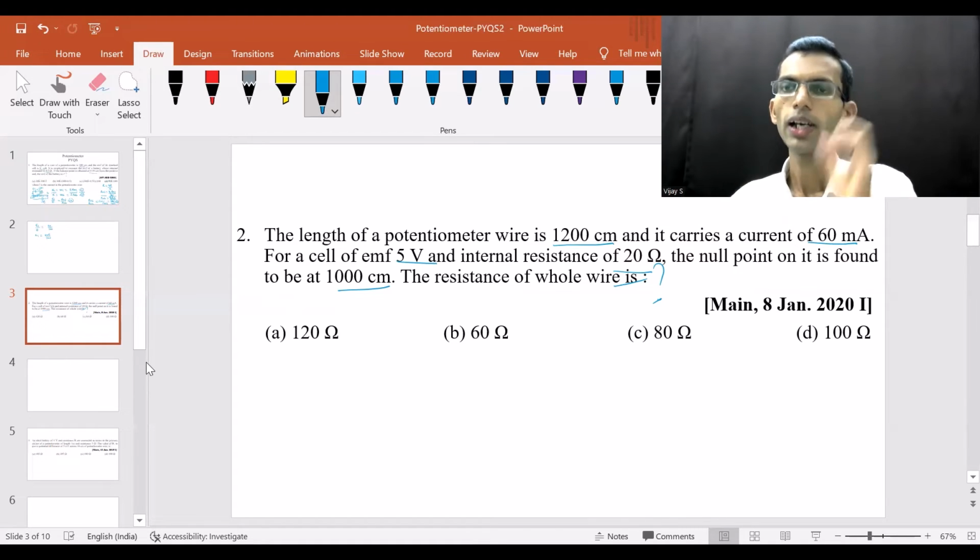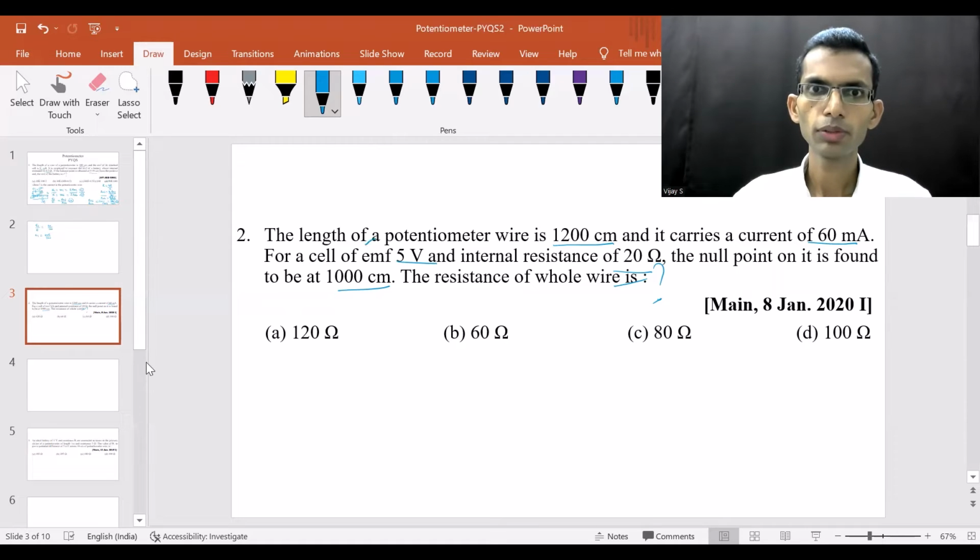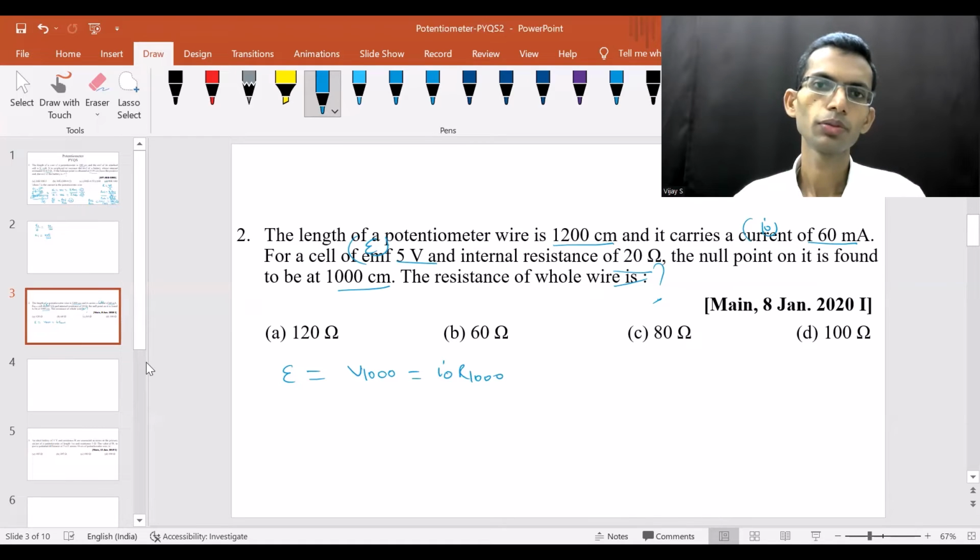We know that at balance, the cell EMF becomes equal to the potential difference across the length over which balance is obtained. Let us say the cell EMF is E and the current is I naught. So the cell EMF becomes equal to the potential difference across 1000 centimeter, which is I naught into R1000, from Ohm's law.